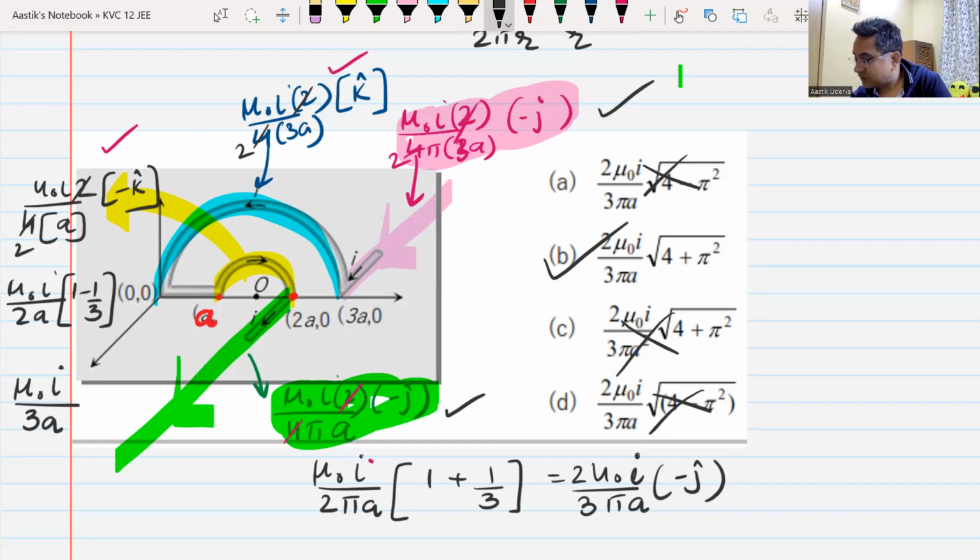Are you getting that answer or are you not getting that answer? I think you will be getting that answer. We understand this, yes or no? Yes, sir. Anyone got this answer? Anyone got this?